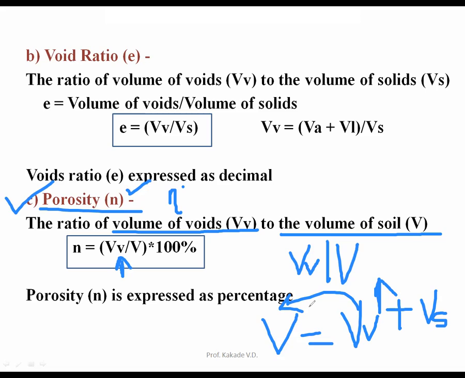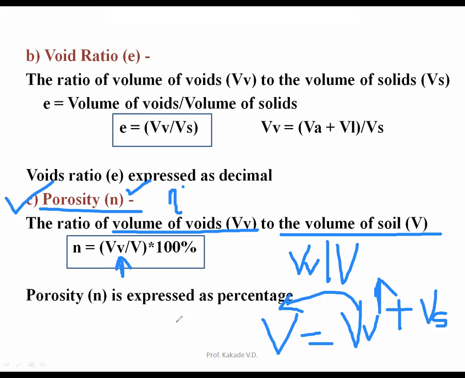When we are converting, there is a relation we are going to learn in the next part, that void ratio and porosity are interconnected, and what the actual limit is.